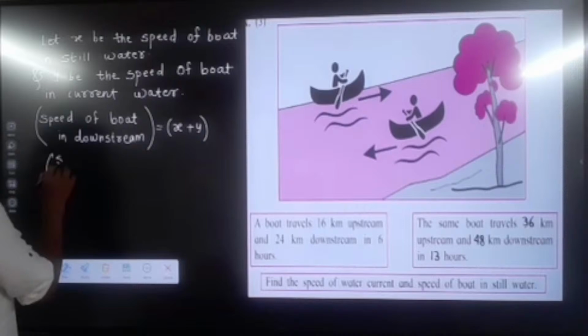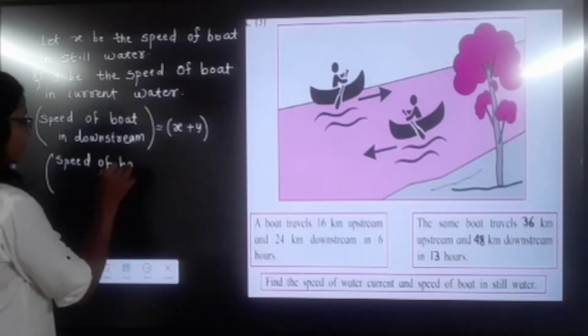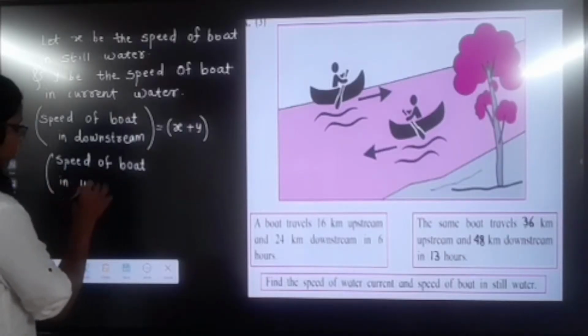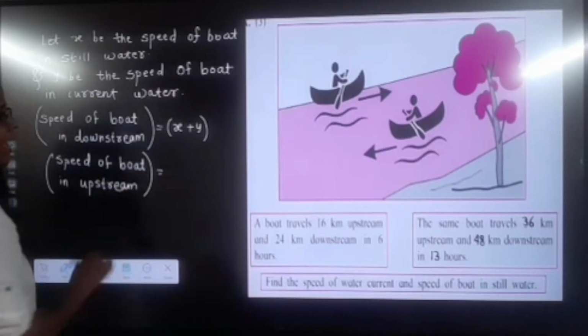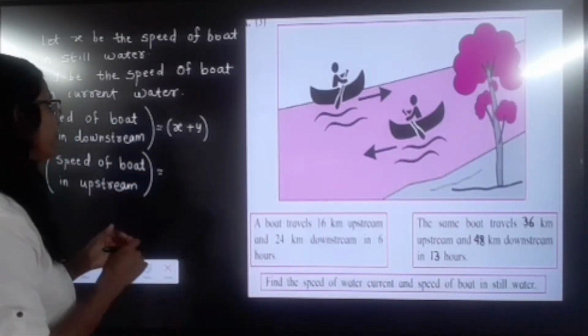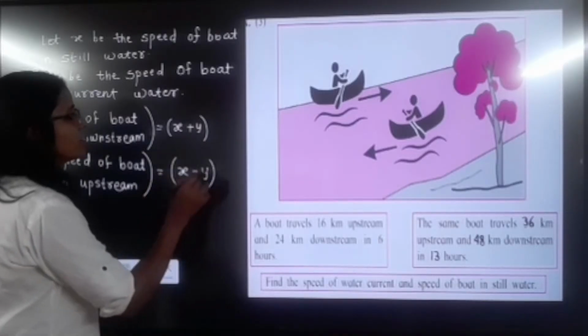Okay, and then, students, the speed of the boat in upstream. Here I write down speed of the boat in upstream, and that means, students, I write here x minus y.